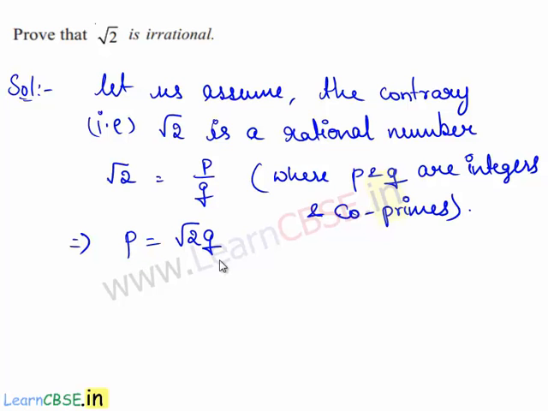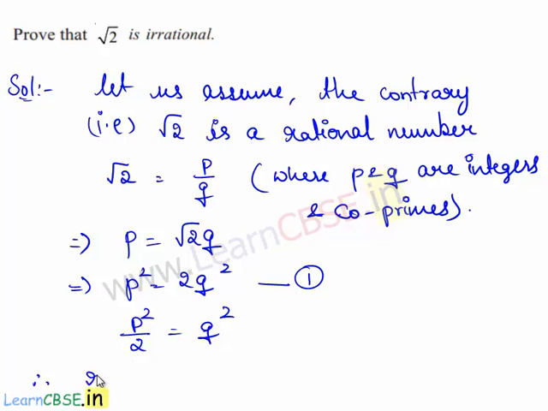Now squaring this on both sides, we have p square is equal to 2q square. Let this be equation 1. This can be written as p square by 2 is equal to q square. From this we understand that 2 divides p square, which also implies that 2 divides p.